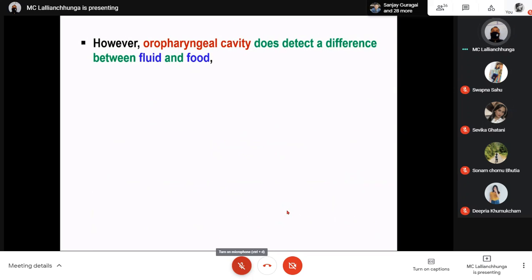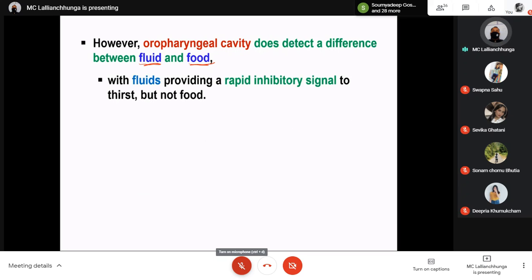Here again, the oropharyngeal cavity does detect a difference between fluid and food. This point is also important. The receptors present in the oral cavity and the pharynx detect a difference between fluid and food, with fluids providing a rapid inhibitory signal to thirst, but not food.